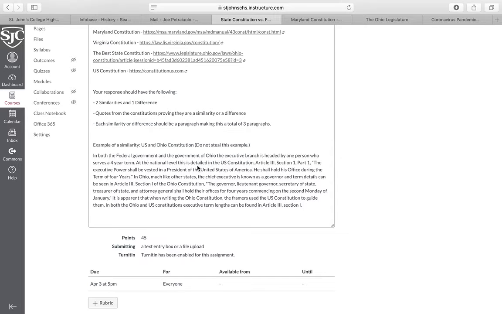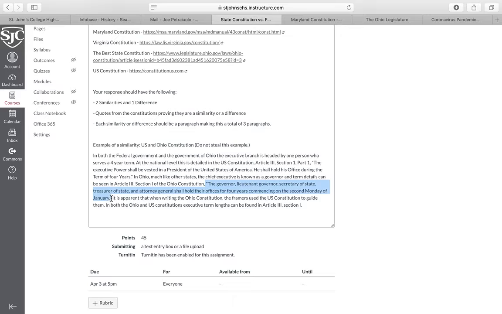Then I go on to provide evidence of each of these. I cite the U.S. Constitution, Article 3, Section 1, Part 1, and then right here you can see I included a quote for where that's from. Then I continue to say in Ohio they have governors, and then I cite their state constitution and then put the quote in.